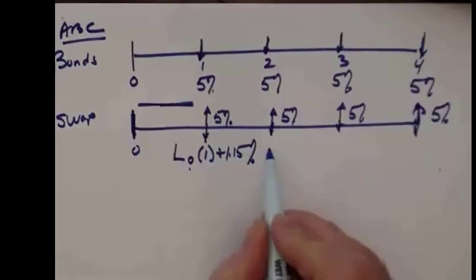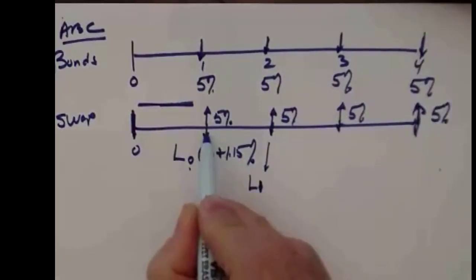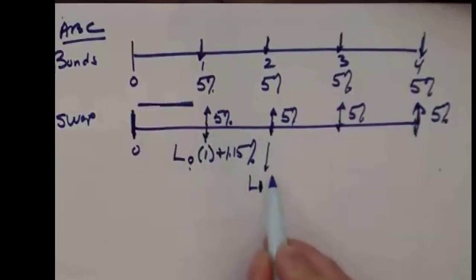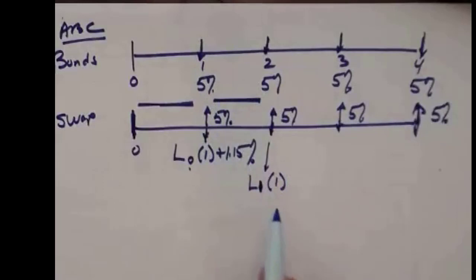And it's going to keep doing that. The next payment will be LIBOR 1, the rate that will be determined here for the next year. It stands for a 1-year period. Again, from here to here is a 1-year period. So in brackets is LIBOR 1 plus the 1.15%.